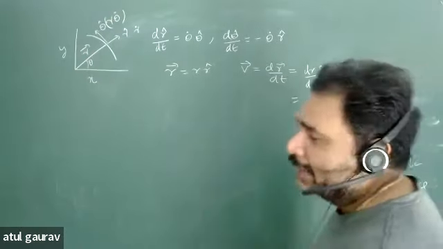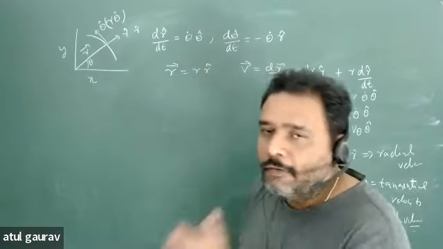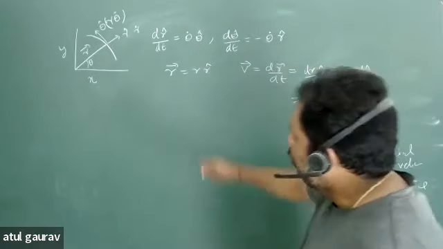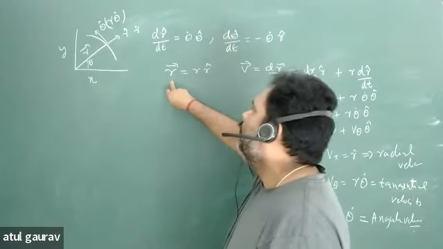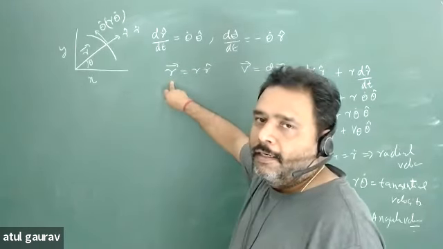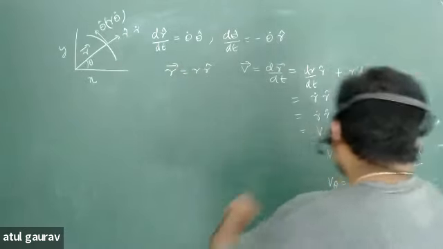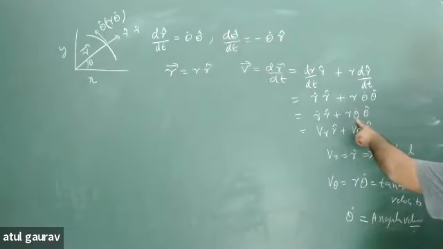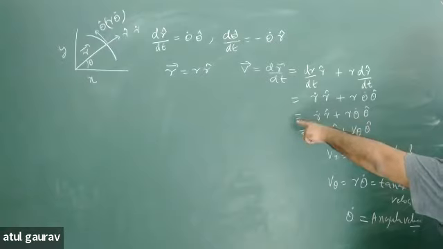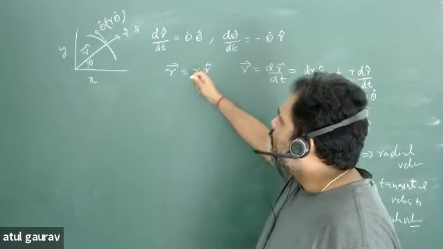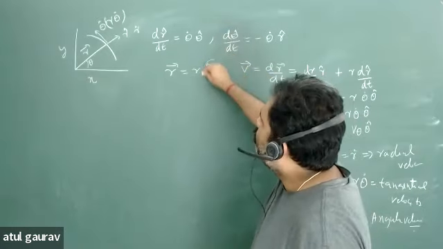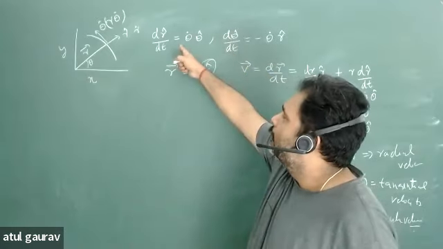But the most exciting thing is, and now you can see, we are not using theta cap in the position vector, but we are getting the effect of theta dot in the velocity. Actually, the change in angle is inherently given in r cap.